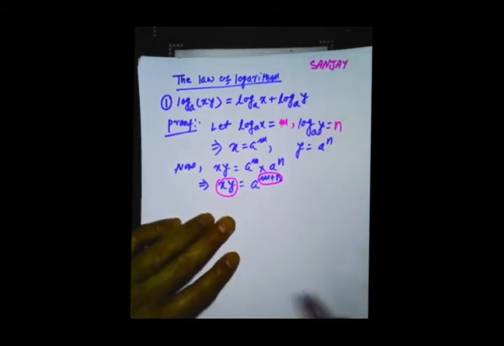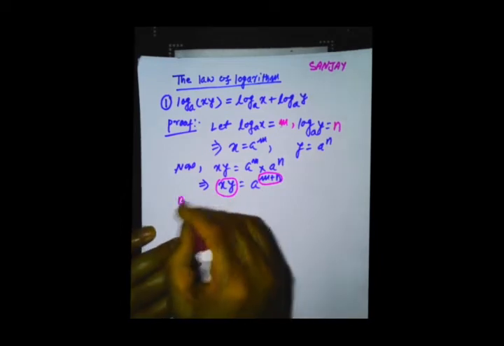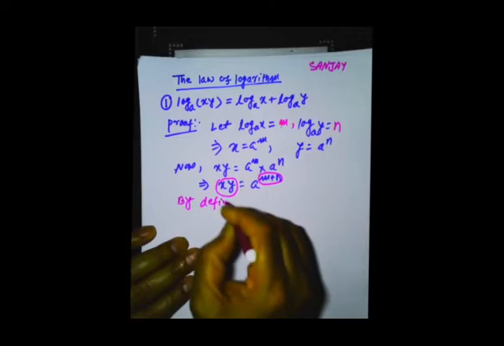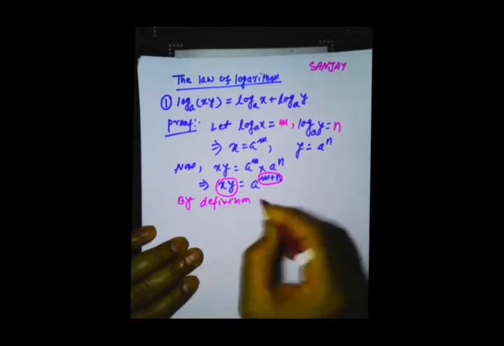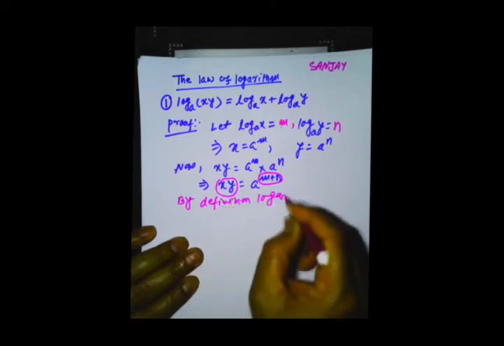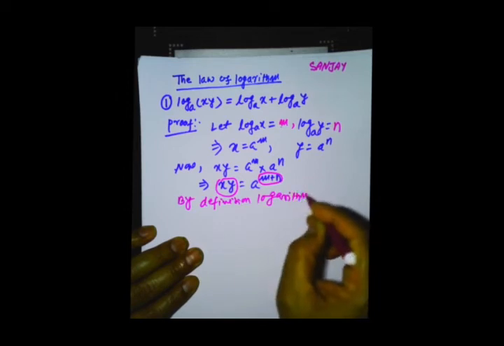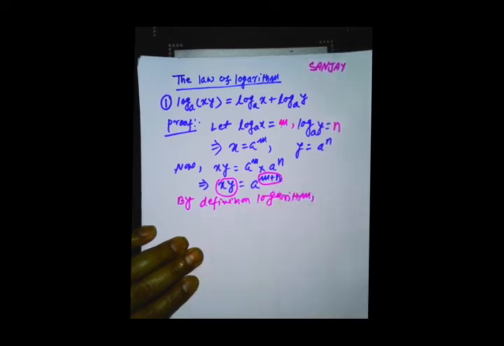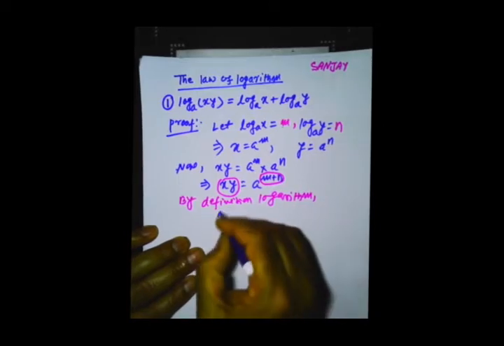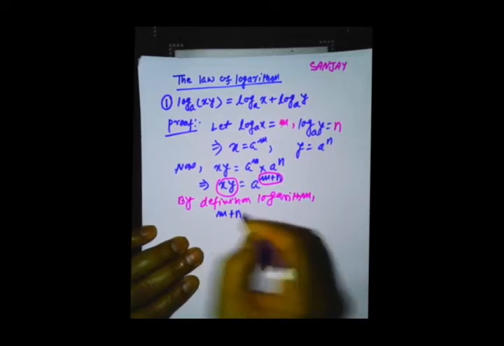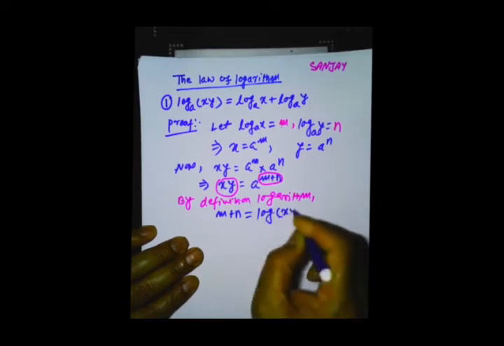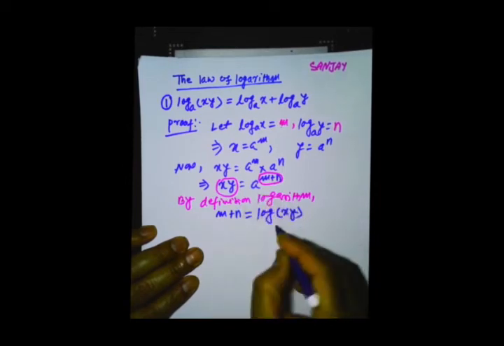So, by the definition of logarithm, m plus n is the logarithm of the number xy to base a.